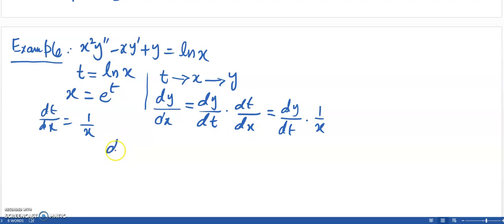Okay, the second derivative d2y over dx square, we will apply the product rule over here.